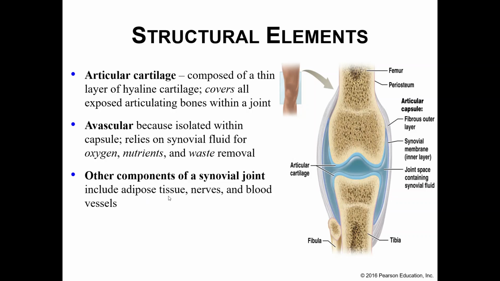We've got a little bit of adipose. We do have blood vessels in other parts of the synovial joint, just not right here at the articular cartilage itself. And then we do have nerve fibers. So if you damage your ligament here, you can feel it. It hurts.